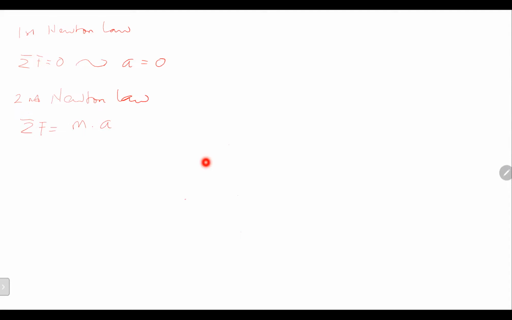Because we are discussing statics in this particular class, we will not be discussing this too much. But we will use the third Newton law. Anyone have any idea about the third Newton law? For every action, there is an equal and opposite reaction. Correct. Action and reaction.